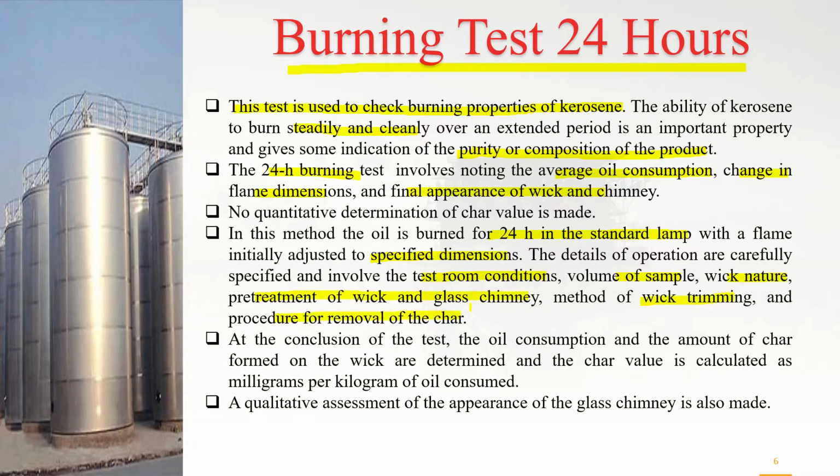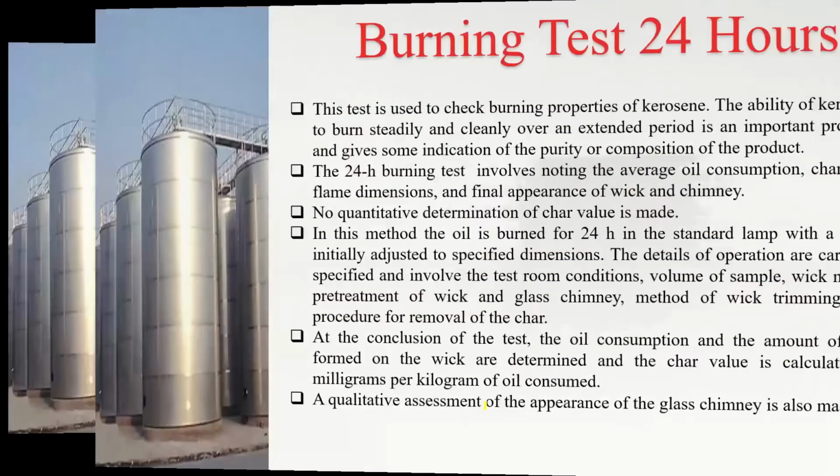I will be explaining it further, so no need to worry about it. At the conclusion, we will have to calculate the oil consumption and amount of char formed on the wick. Char value is calculated in mg per kg of oil consumed. A qualitative assessment of the appearance of the glass chimney is also made.